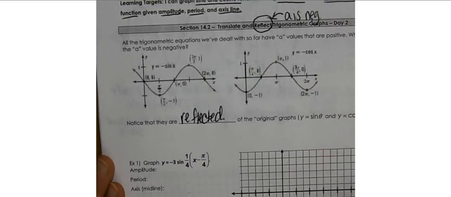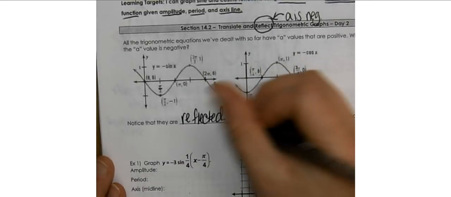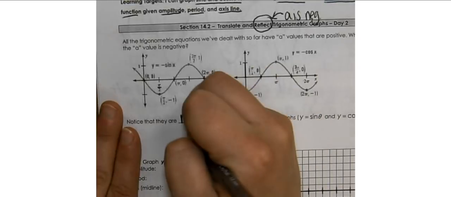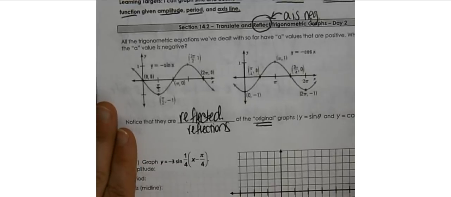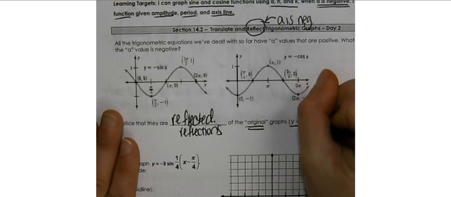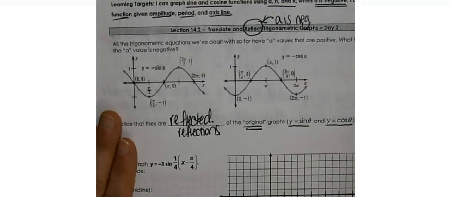They are reflections of the original graph. So our original graphs were y is equal to sine of theta and y is equal to cosine of theta.